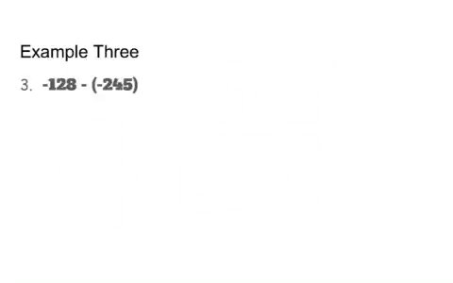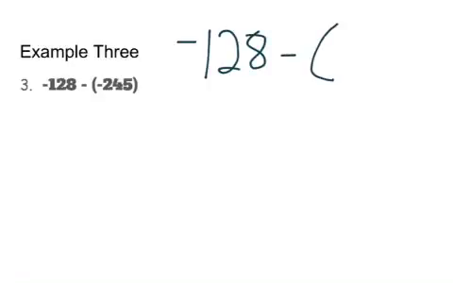Okay, example 3. This is a little bit more challenging. We have negative 128 minus, and then in parentheses, a negative 245. Again, we're going to change this to an addition problem by adding the opposite.